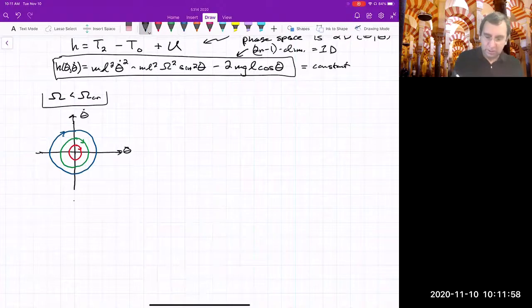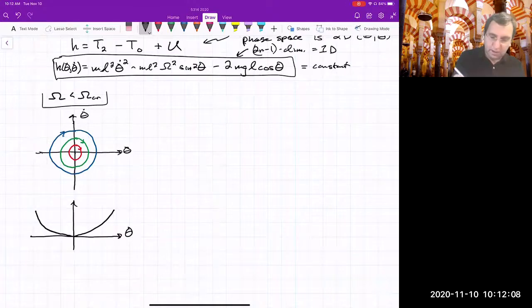In terms of what the potential energy looks like, let's plot the potential energy when you've got omega less than omega critical, it's just a U shape. And we could write H equals a constant, and the smallest one is just going to be going between those two turning points. And the next one up goes between these two turning points.